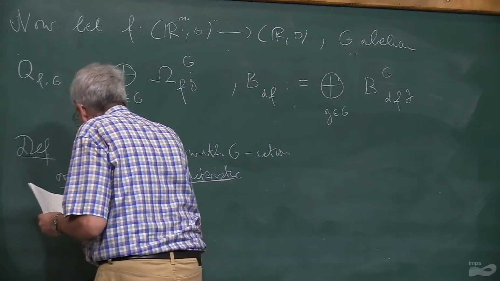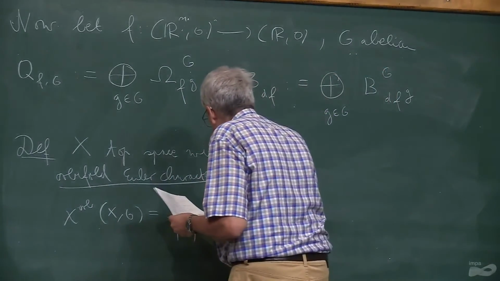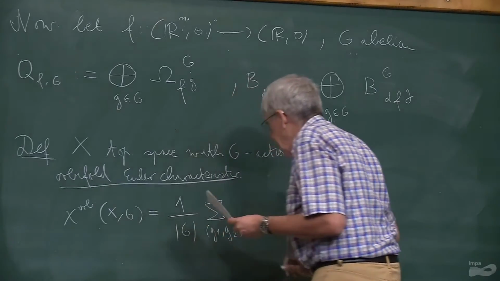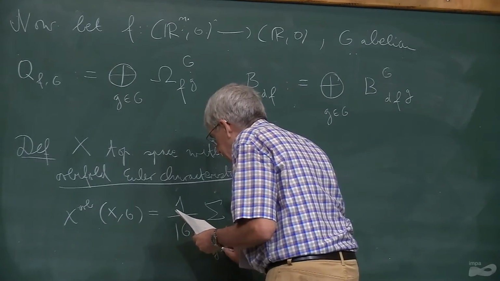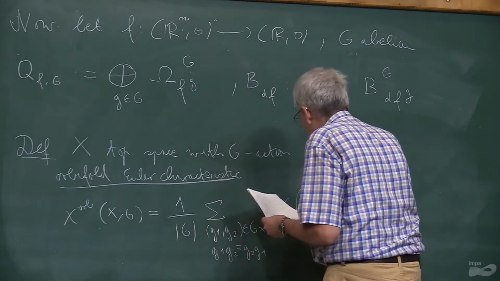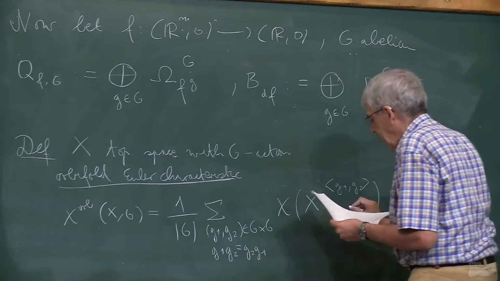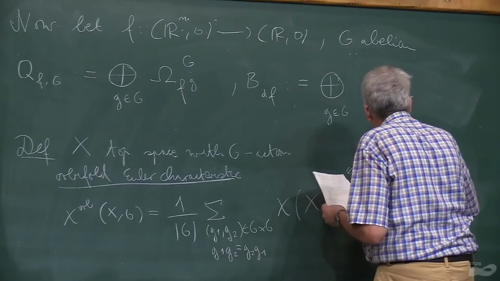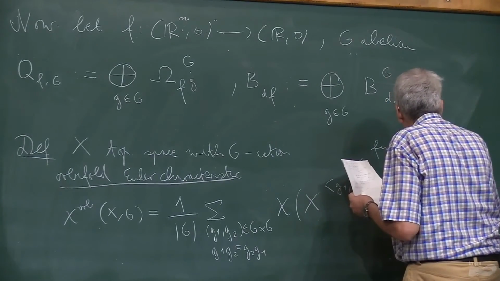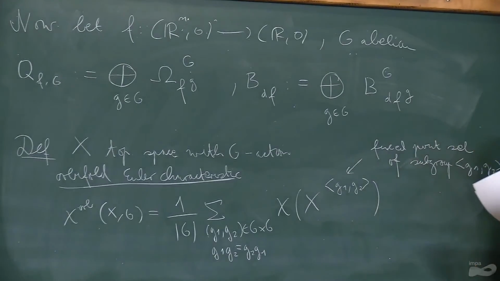It is denoted by chi orb of X, G. It is one over the group order, and then the sum over all commuting pairs of elements g1, g2, so that g1 g2 is equal to g2 g1, of the Euler characteristic of the fixed point set of the subgroup generated by g1, g2.